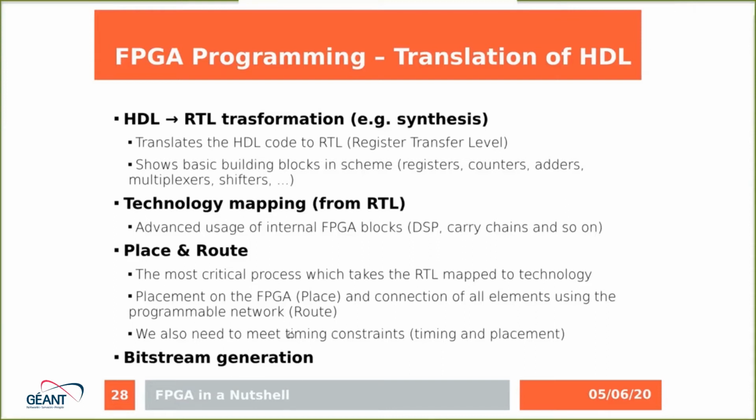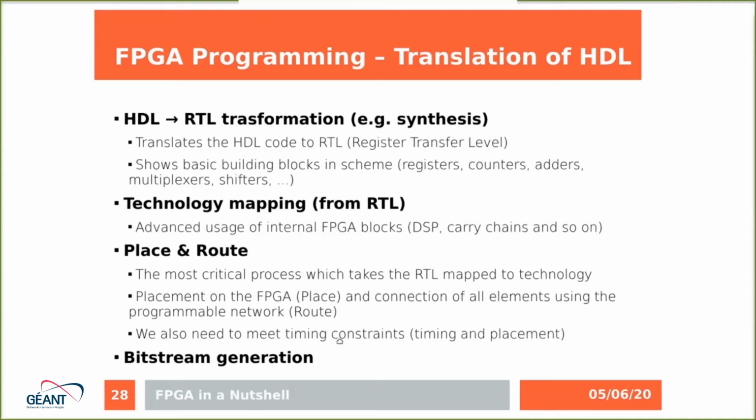The development tools are not using exact algorithms, and if you run the place and route several times, then you can get different results. So this is the most time-consuming process, because during this process you need to meet the timing of the digital circuit, as I was talking before about the setup and hold timing.